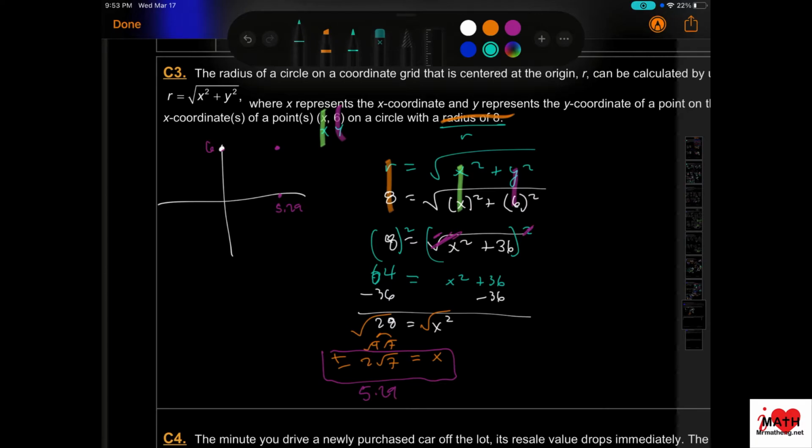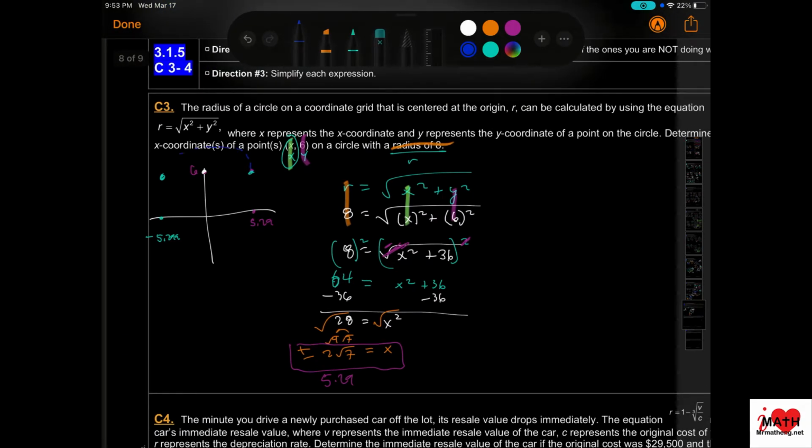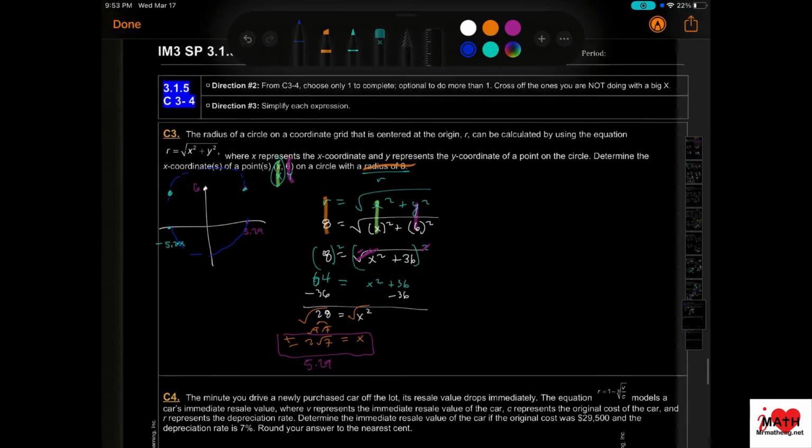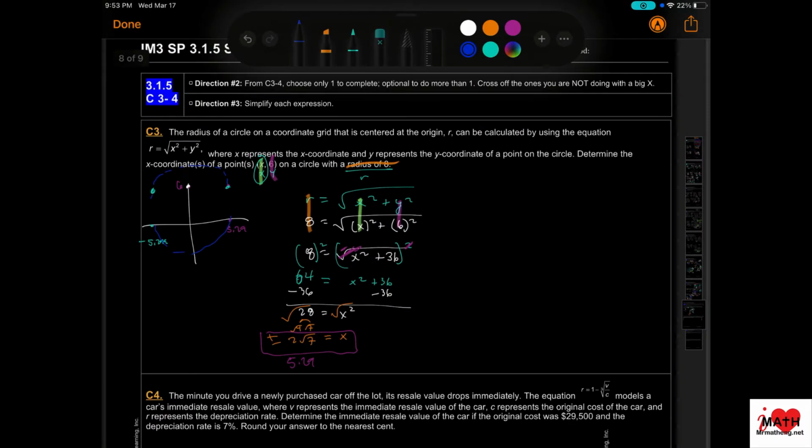And if you did the negative 5.29, oh, I think negative 5.29, because x is with a comma 6. So this point and this point, they're on this circle. To determine the x-coordinate on a circle with a radius 8. So wherever the radius is, this is distance of 8. Okay?